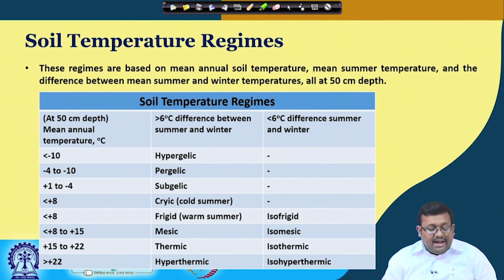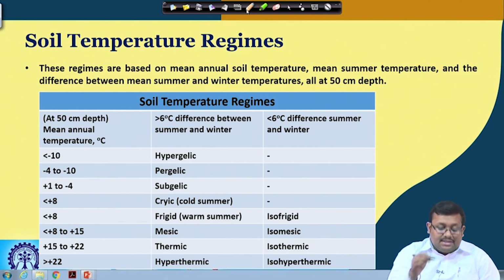As we can see, at 50 centimeter depth, based on mean annual soil temperature in degree centigrade, we have classified the soil temperature into 6 to 7 different classes.